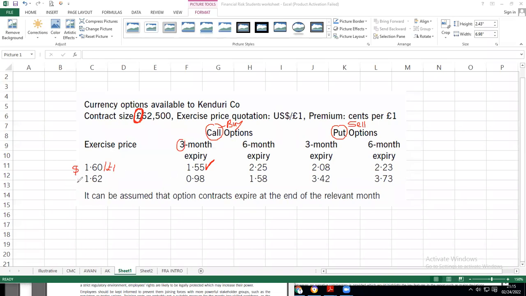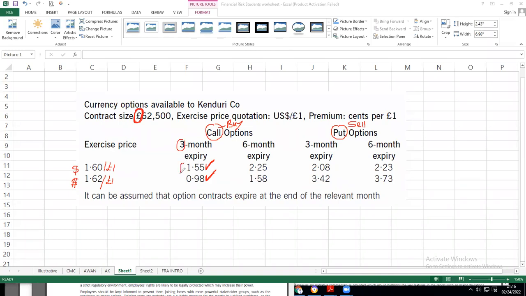Somebody says, I don't care, I've got the money, I want the right to buy at 1.62. This person who wants to buy at 1.62 is being charged 0.98. The one who wants to buy at 1.6 is being charged 1.55 cents.